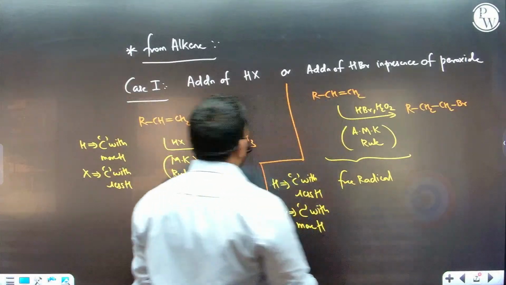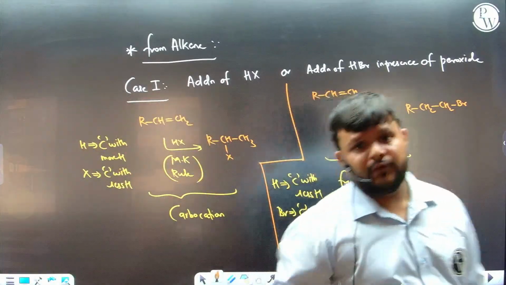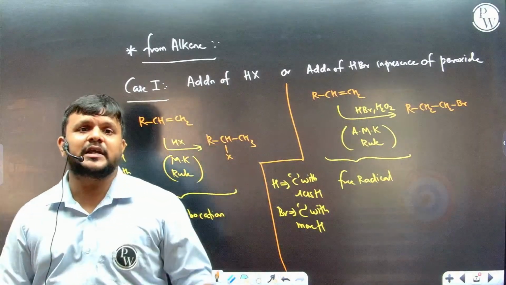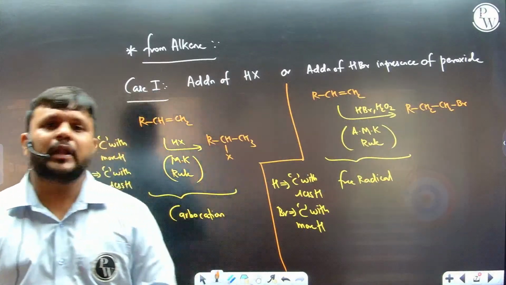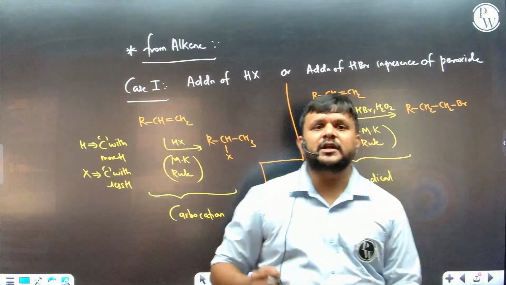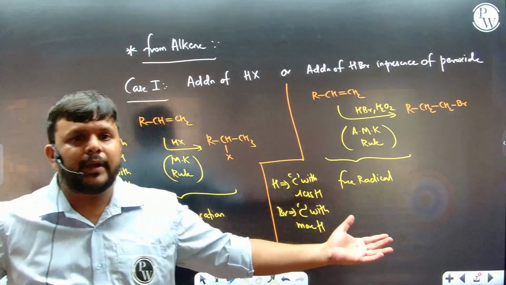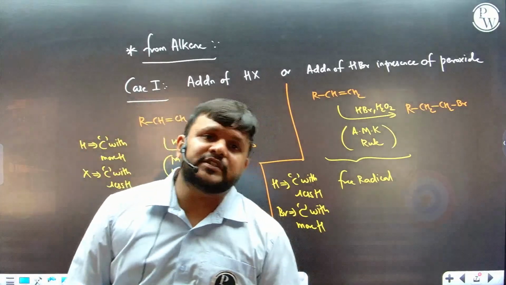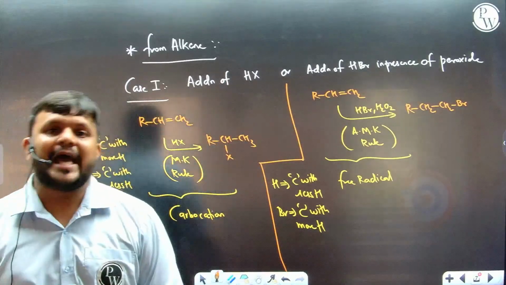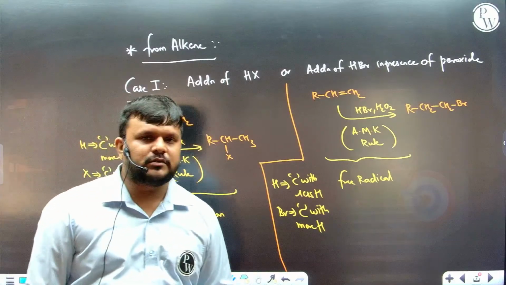I am now talking about case 2 over here. See, I am talking about case 2 where we will be talking about the allyl position and the benzyl position. Mainly what happens if we are using special reagents like NBS, which stands for N-bromosuccinamide, or NCS, which stands for N-chlorosuccinamide. They are used for halogenation at the allyl and benzyl position.